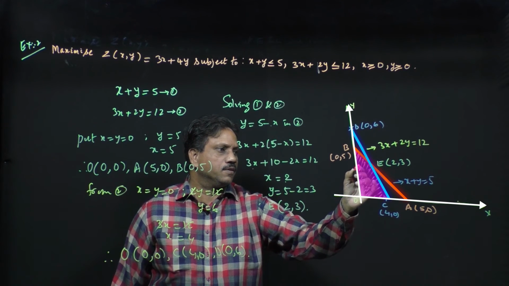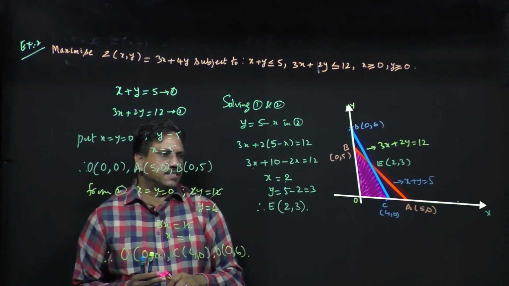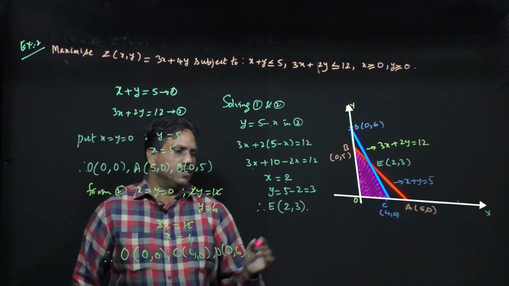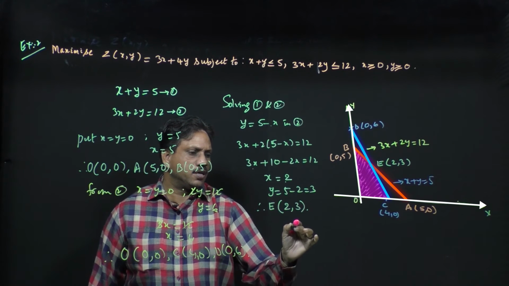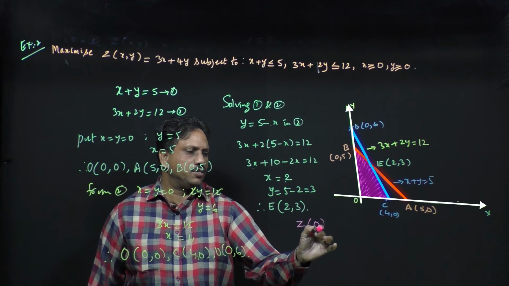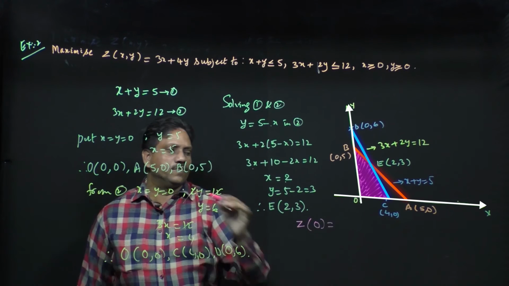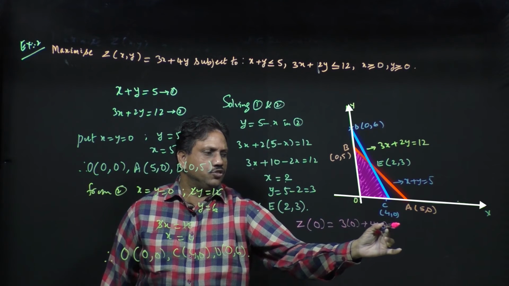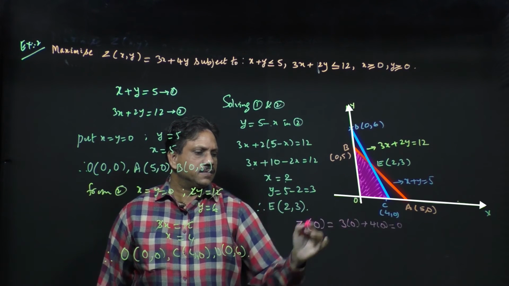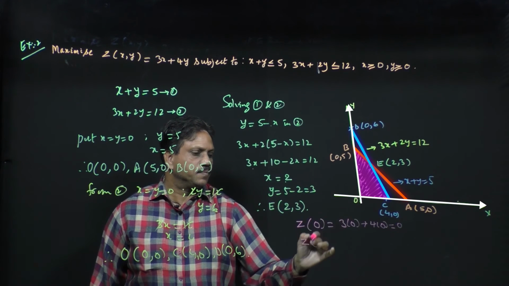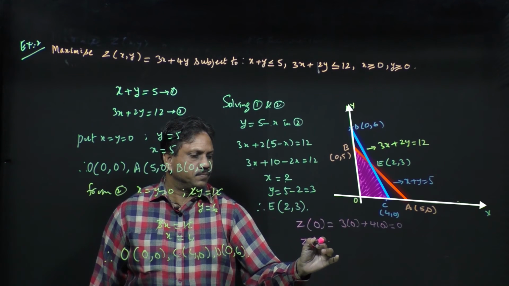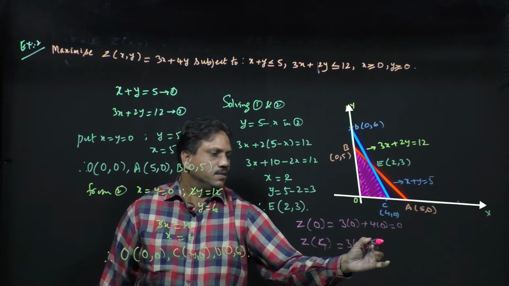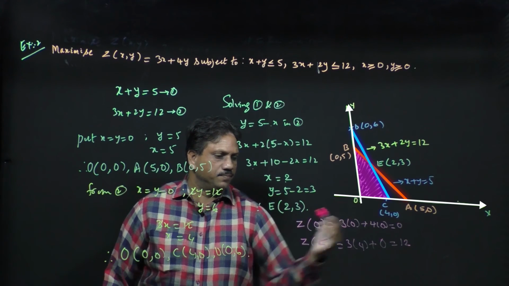Now we have to find the maximization of the given objective function 3x plus 4y. For that, the points are, first, the origin. If you put the origin in the objective function, 3 into 0 plus 4 into 0, the value is 0. Second is C, Z of C, the point is 4 comma 0. 3 into 4 plus 0 is equal to 12.